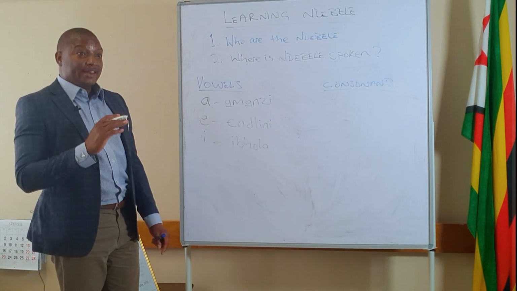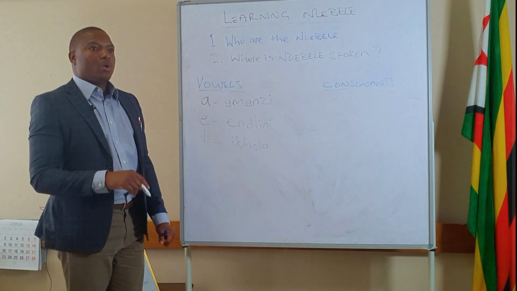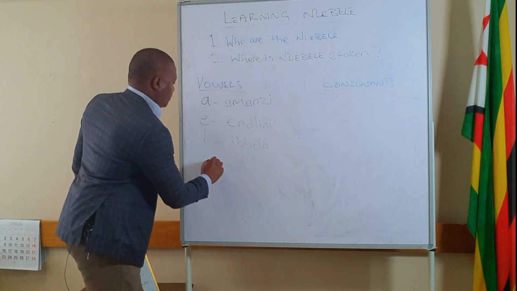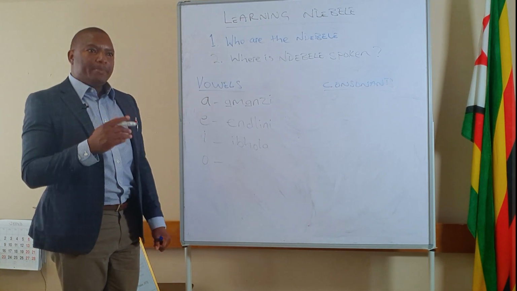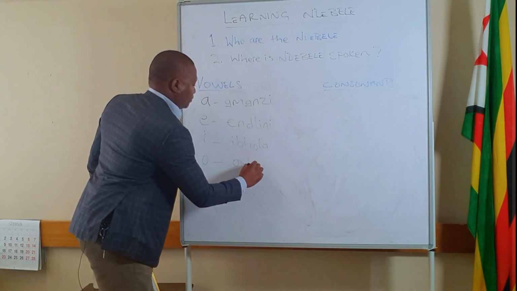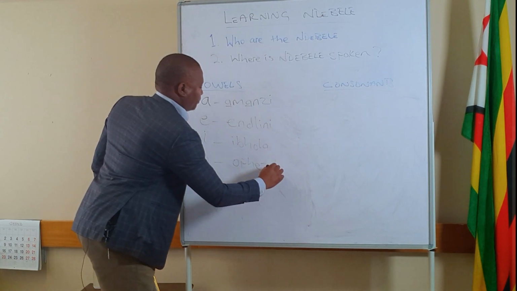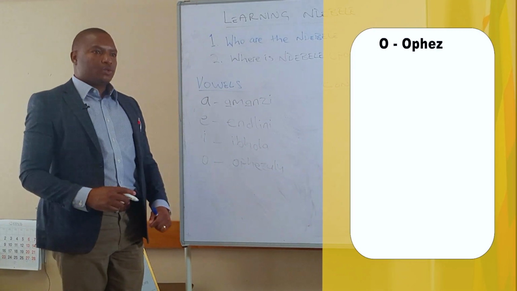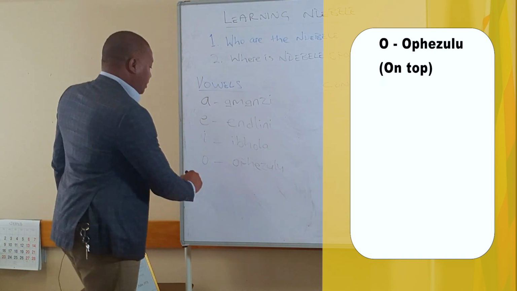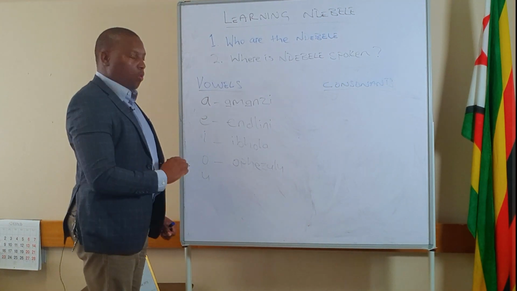I. The next vowel is O. Ophezulu. The last vowel or the 5th vowel is U.